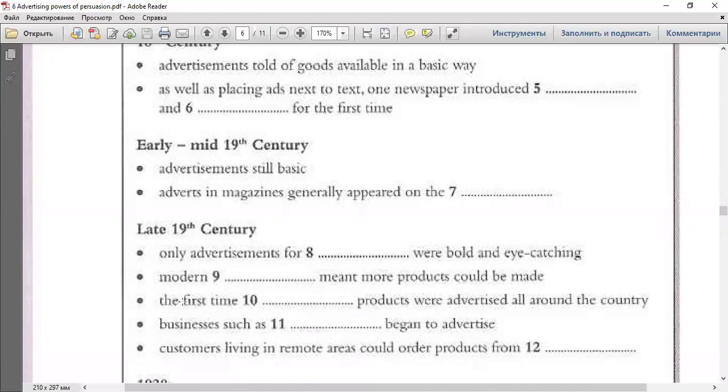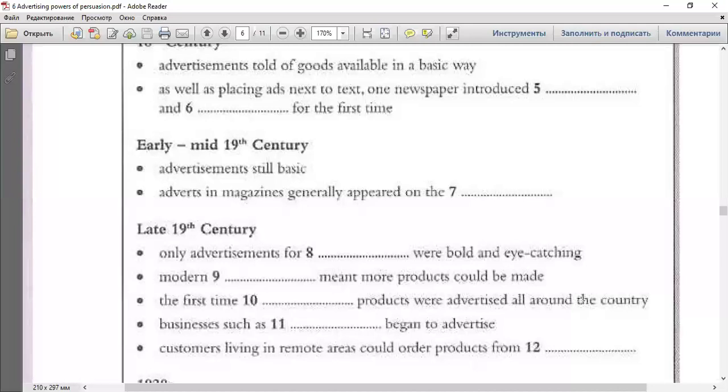Number 10, the first time some kind of products were advertised all around the country. So in the text it says, national advertising of branded goods emerged in this period. So products, they're branded products. The answer here is branded.